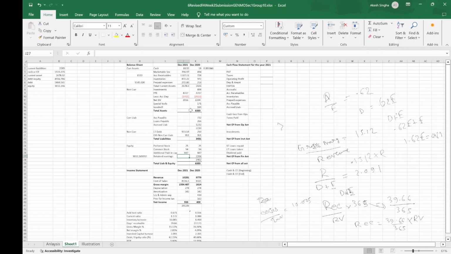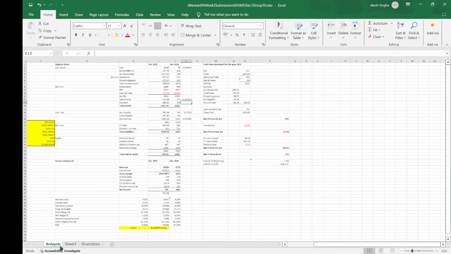And then special tools should be, these two values are amortized, right? So this was the total value of it, 343, I think.